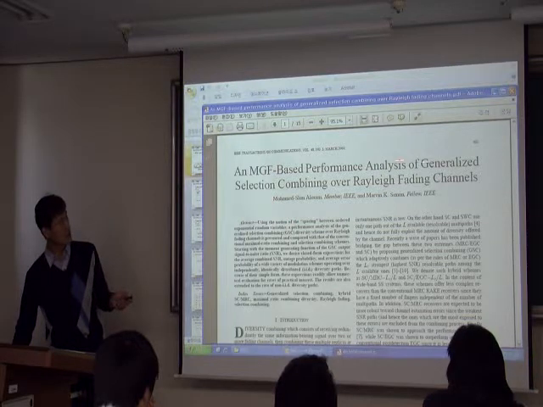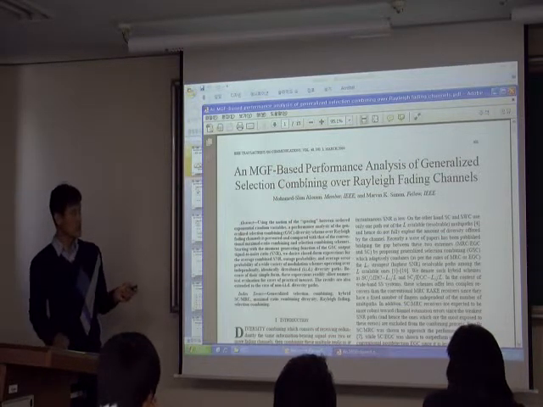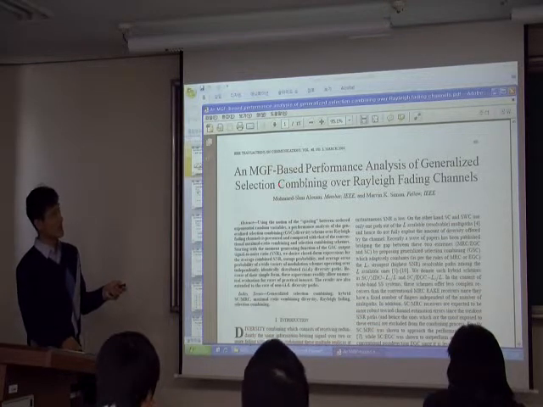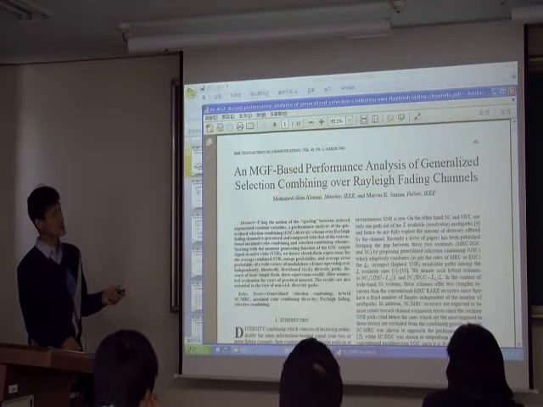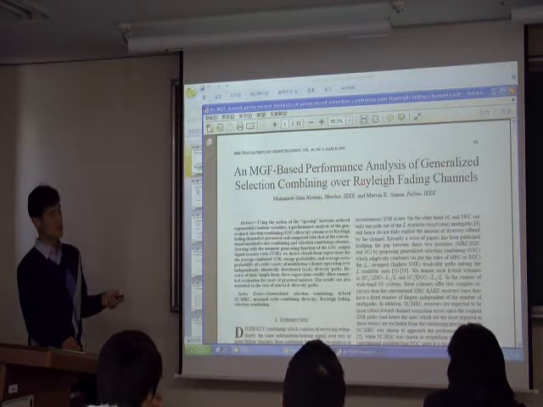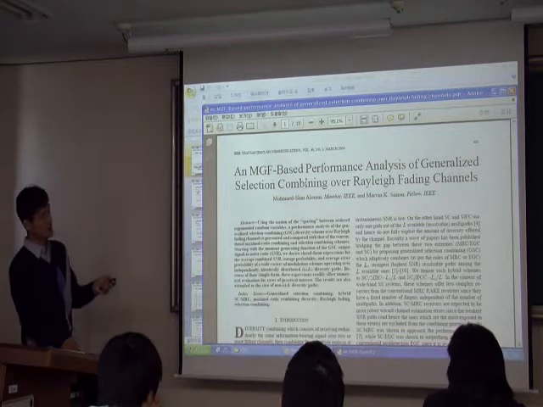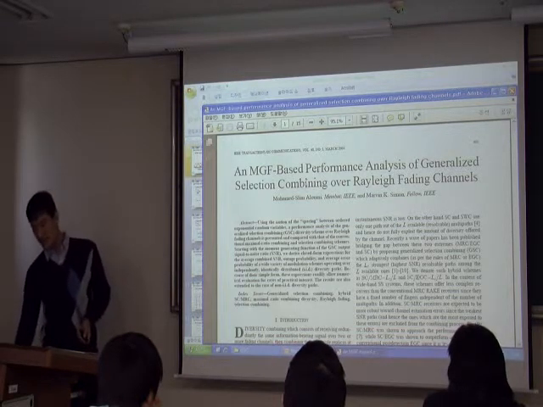This is called generalized selection combining. We already learned selection combining, right? What these authors do is extend this concept and propose a new system called generalized selection combining. And look at the performance analysis. When they do the performance analysis, they use the MGF technique. You can see that simply from this title.